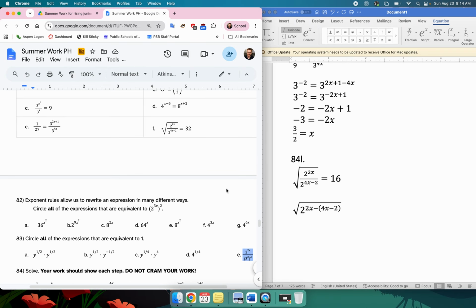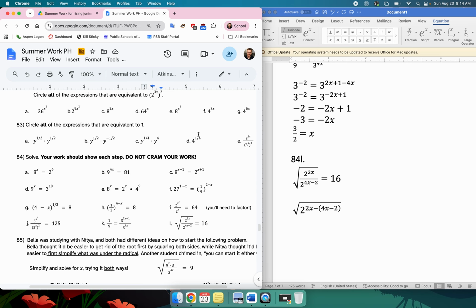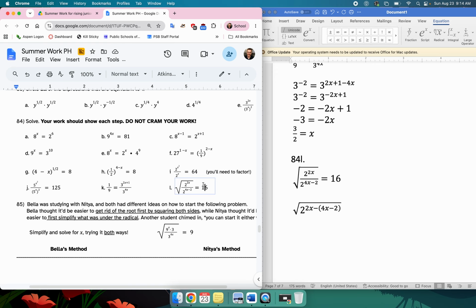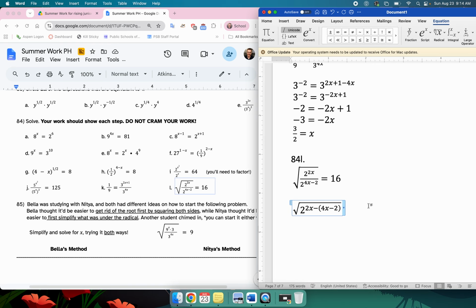It's exactly the same as f from way back when, except it's a 16 instead of 32. Okay, whatever. 16 is 2 to the 4th, 2, 4, 8, 16, yep. Cool. So that's square root of 2 to the power of 2x minus 4x, that's minus 2x, and then minus 2 is plus 2.